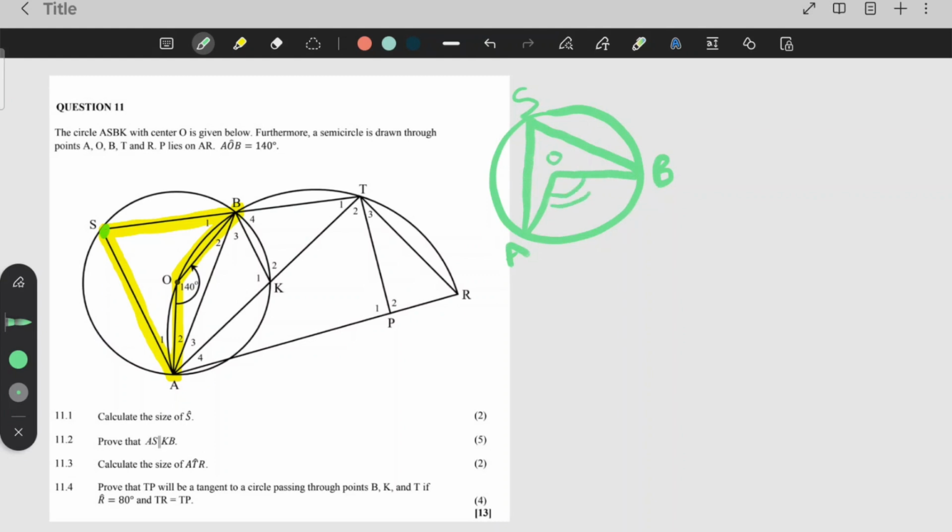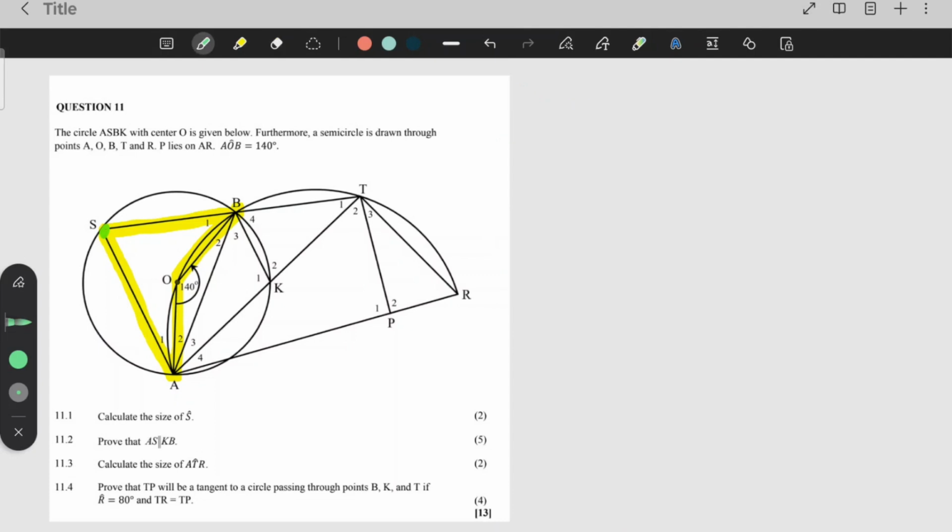Then angle at center is twice angle at the circumference. So the angle in the center is the bigger angle. So therefore, if the center is 140, then angle S is half of that.